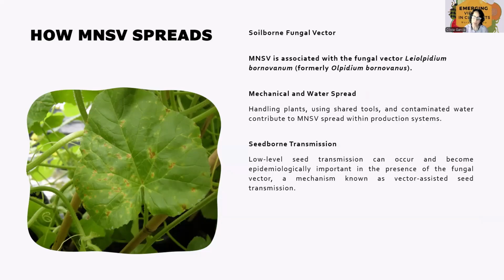In addition, MNSV can also spread mechanically, that means through people, tools, trays, and contaminated plant material. This can contribute to local spread, especially where sanitation is weak and where there is frequent handling of plants. Some sources also note that infected soil and water movement can help distribute the disease within production settings.